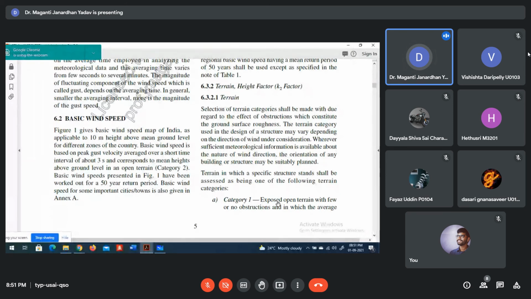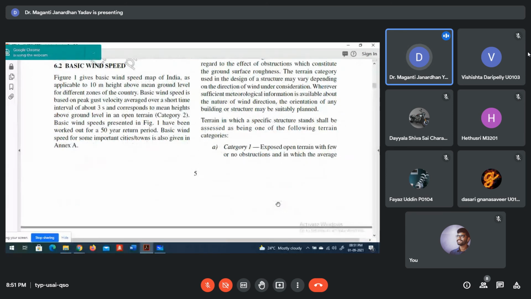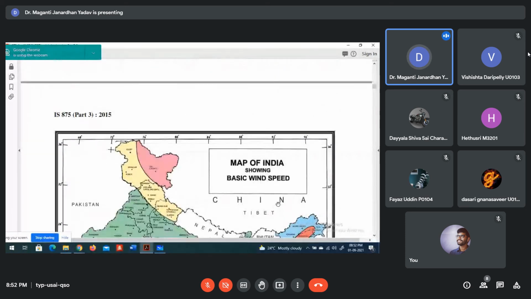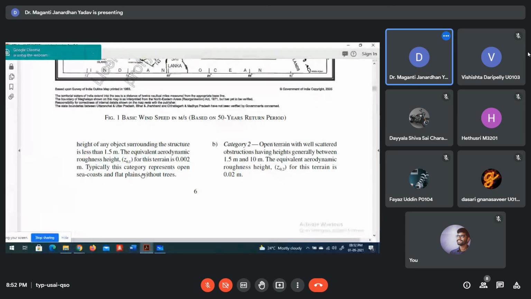Category 1: exposed open terrain with few or no obstructions and in which the average height of any object surrounding the structure is less than 1.5 meter. Open terrain with well scattered obstructions.